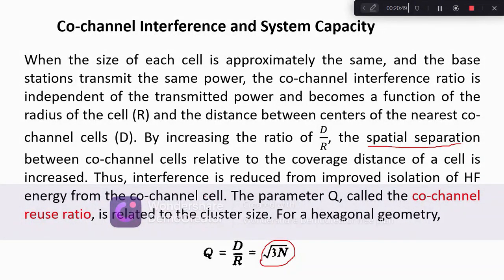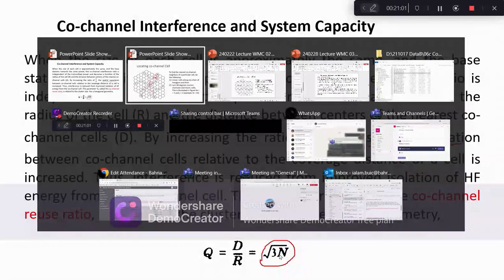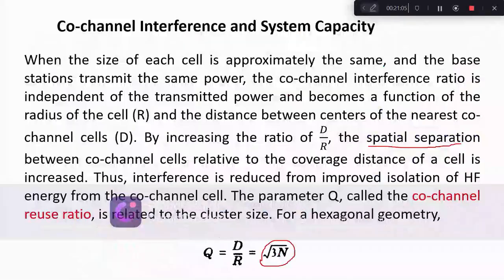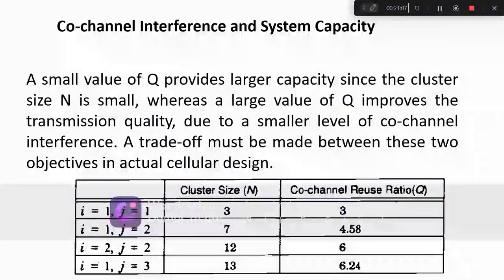The parameter Q, which is called the co-channel reuse ratio, is related to the cluster size for hexagonal geometry by Q equals the square root of 3n. So you see here, a small value of Q provides larger capacity since the cluster size n is small.